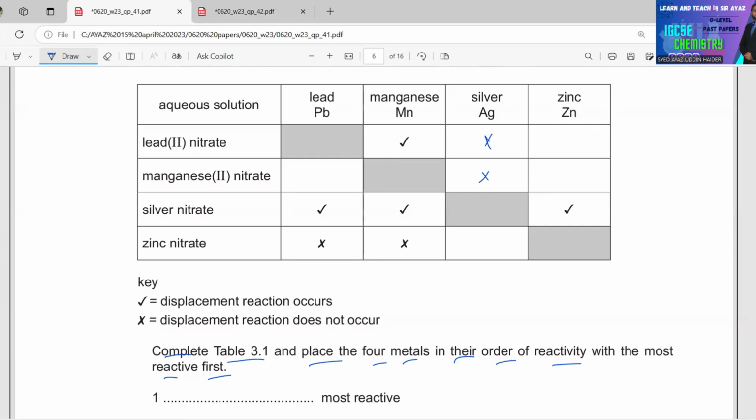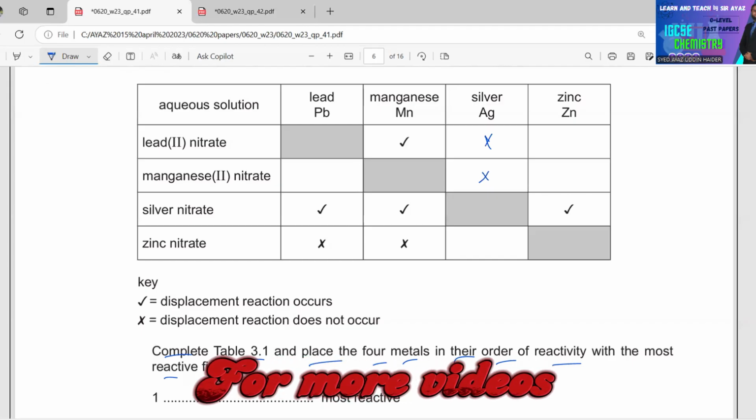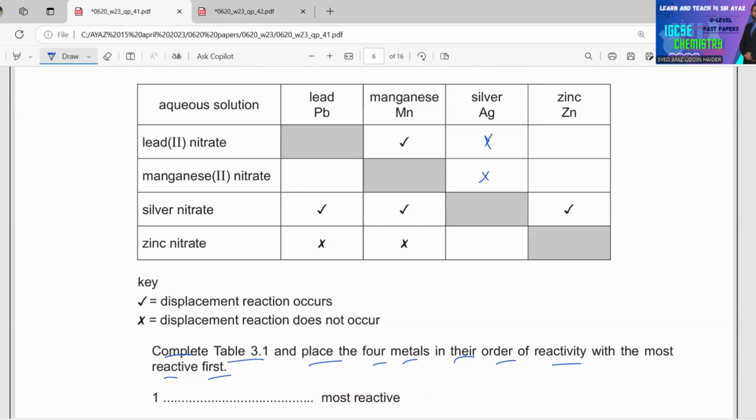What about Pb, lead? Will manganese displace lead? Yes, manganese is displacing lead. So for Pb, you will write cross here for manganese nitrate.